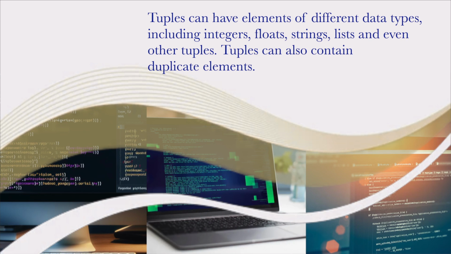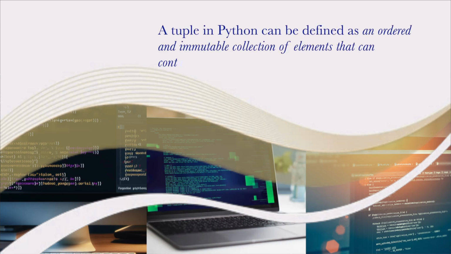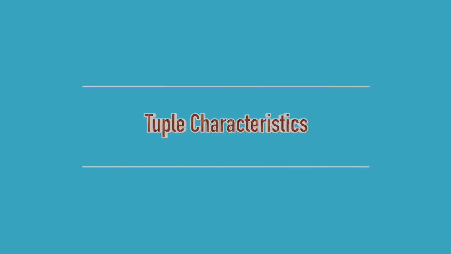Tuples can also contain duplicate data elements. So, we can define a tuple as an ordered and immutable collection of elements that can contain items of various data types. Now, let us discuss the characteristics of tuples.